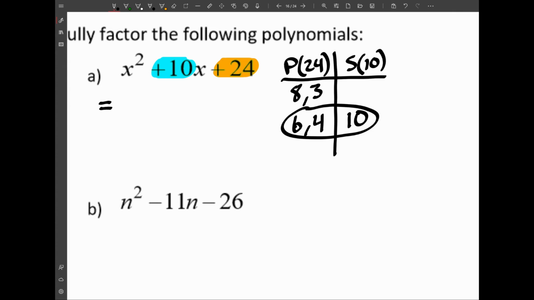So bracket, bracket, x in each. I'm going to put a plus 6 in one, a plus 4 in the other.